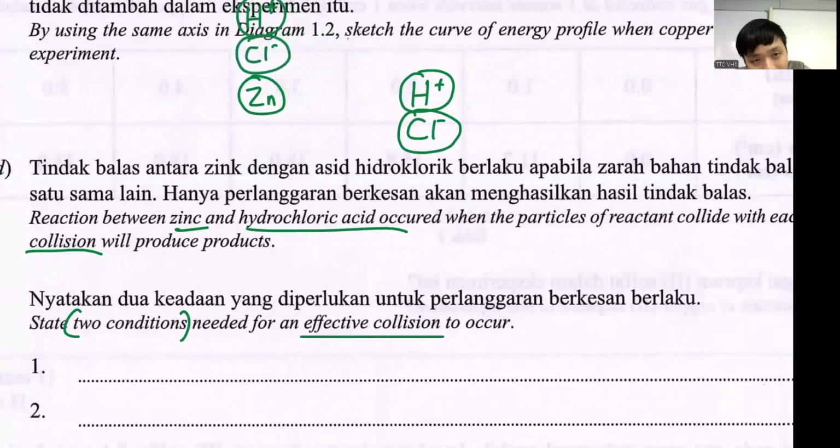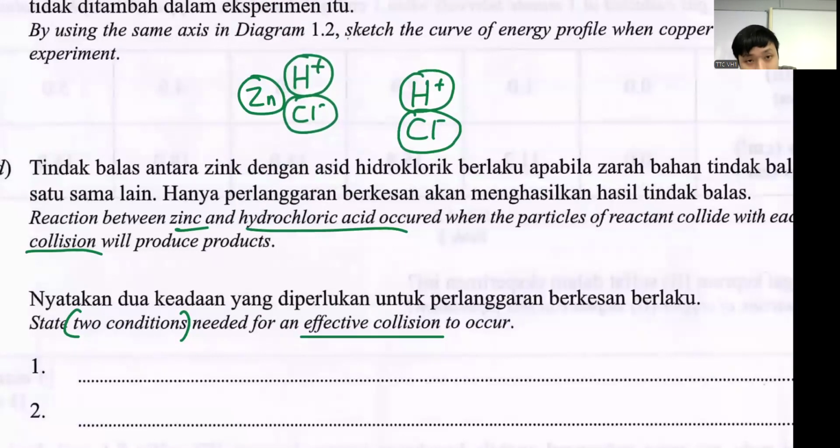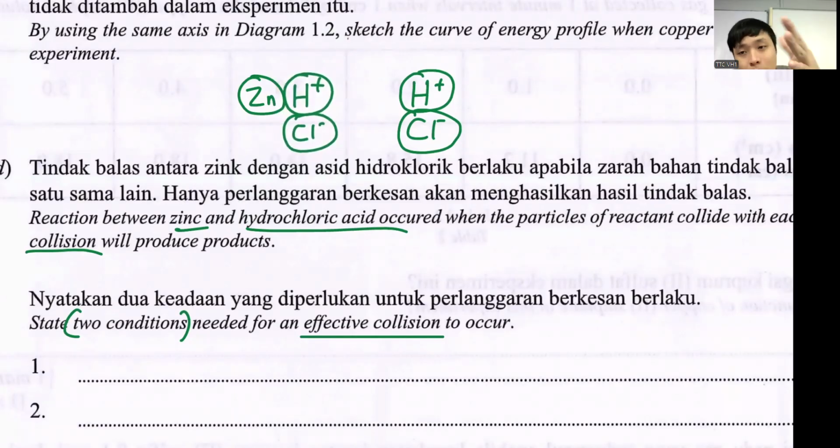When they react with zinc, they have to collide correctly. Let's say for example, if Zn collides with H plus, will they have a reaction? Zn and H plus, yes, right? Because if Zn reacts with the acid, Zn can dissolve into the acid, then become Zn2 plus and H2. The H plus will turn to H2, correct?